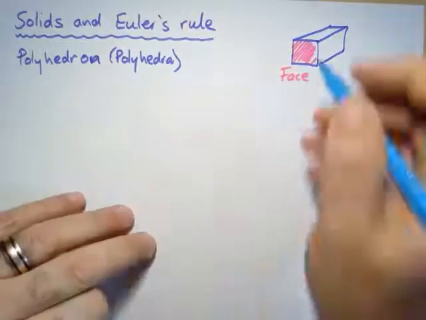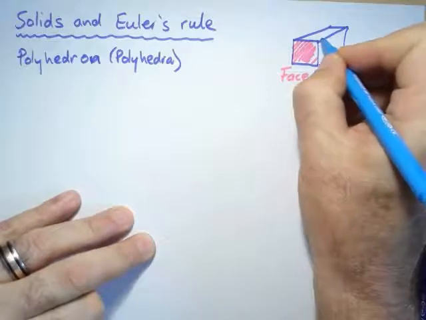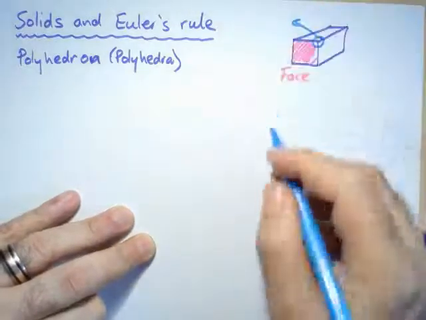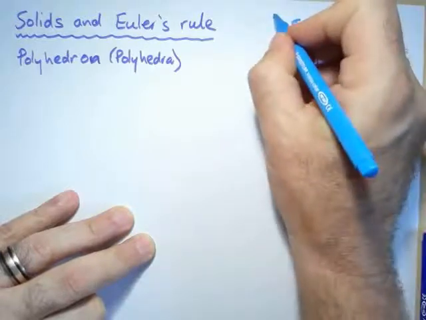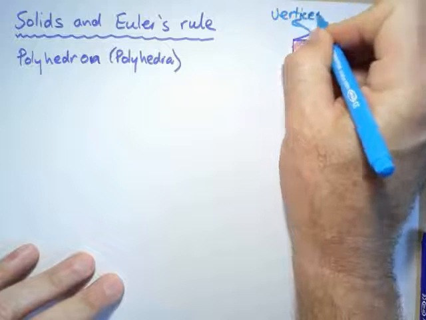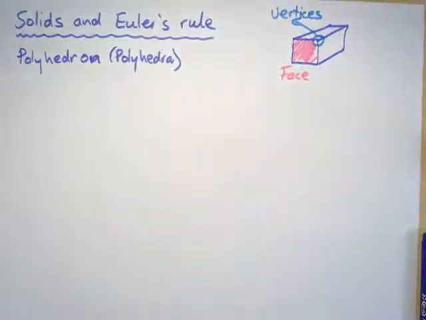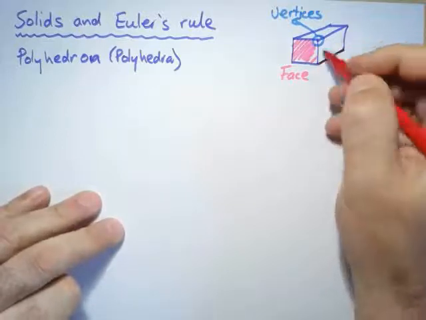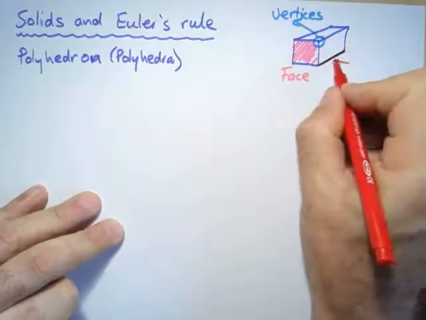The vertices is where the things meet. Right, that is a vertex. One vertex, a lot of vertices. And the last one is edges. And edges is the lines between faces. So that is the edge.